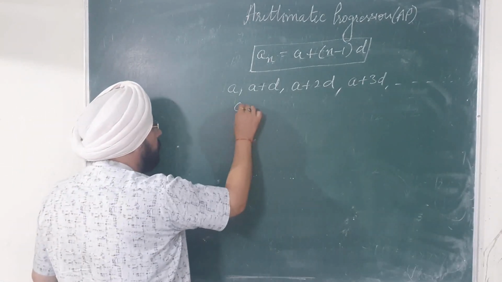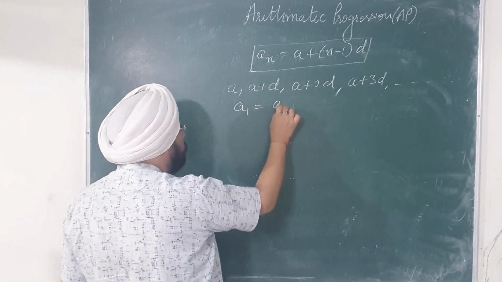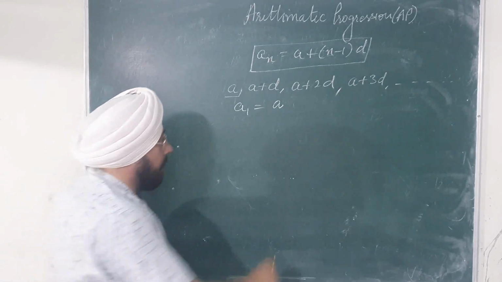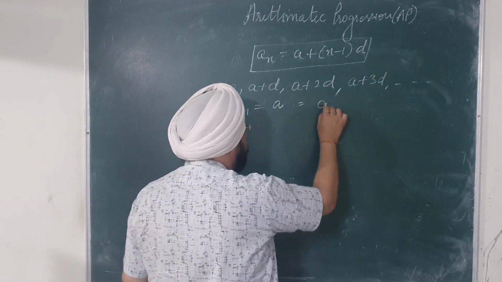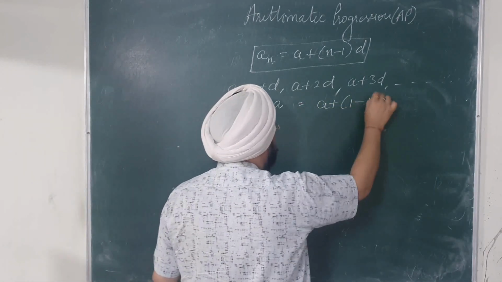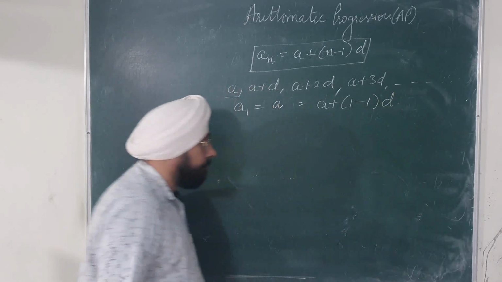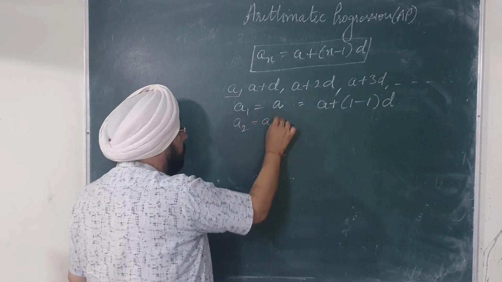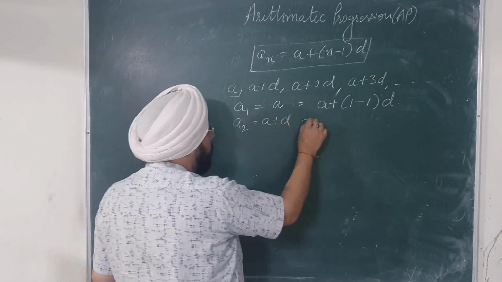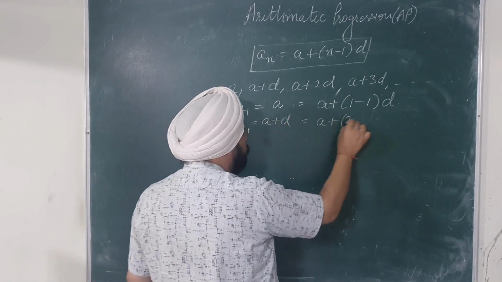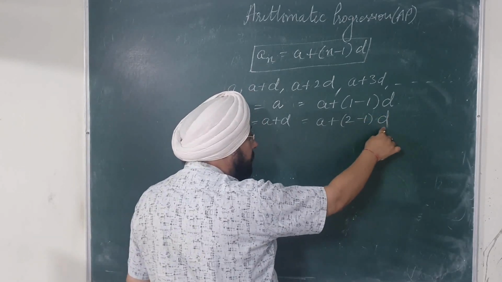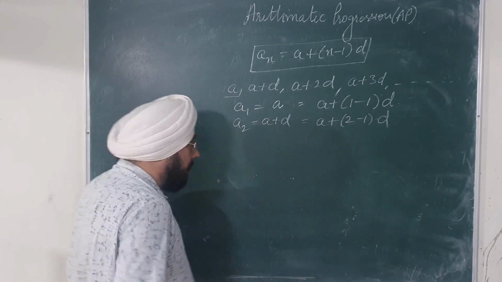Can I say the first term is a of the AP, which can also be written as a + (1 - 1)d. Then the second term is a + d, which can be written as a + (2 - 1)d, because 2 - 1 is 1, 1 into d is d, so this is a + d.